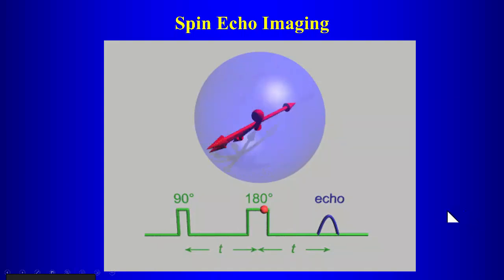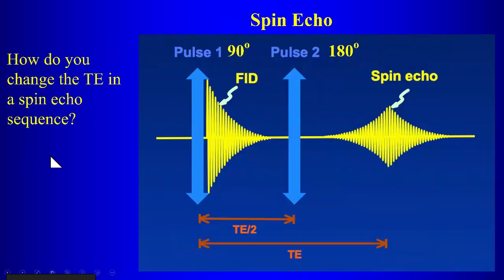So diagrammatically, this illustration is what we get with spin echo imaging. Okay? All right. So your first pulse is a 90-degree pulse. Your second pulse is a 180-degree pulse, and then we have our spin echo over here.